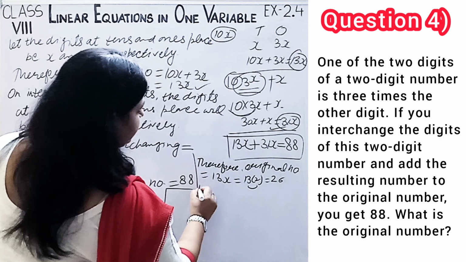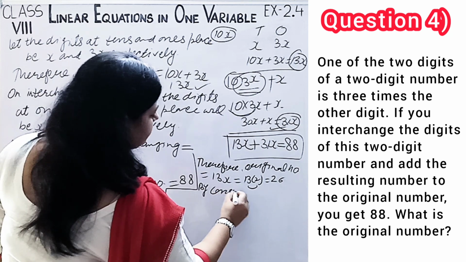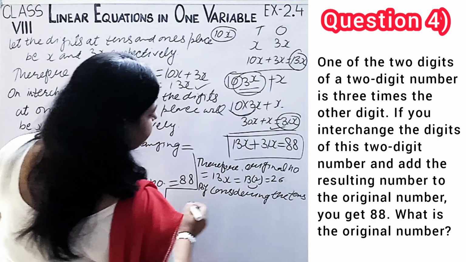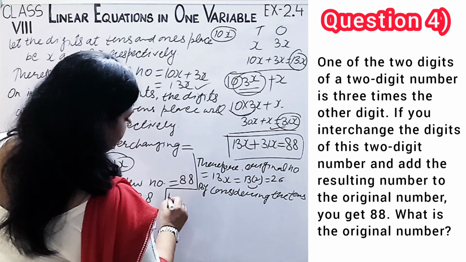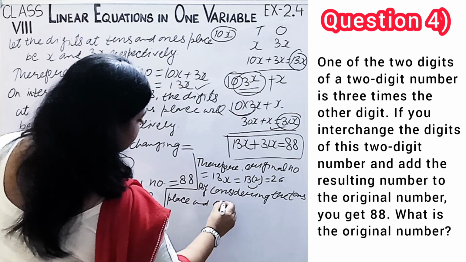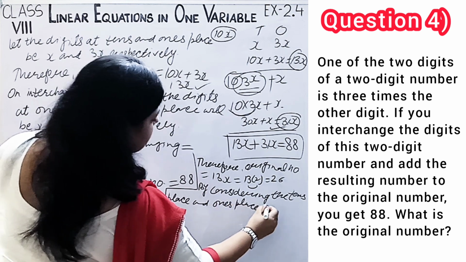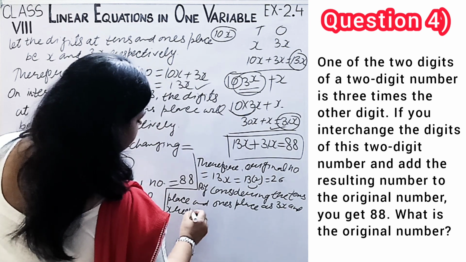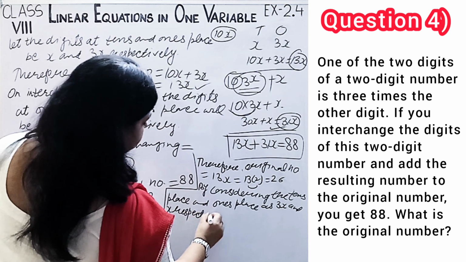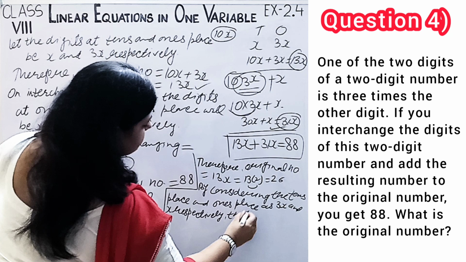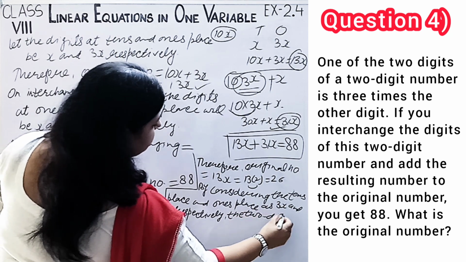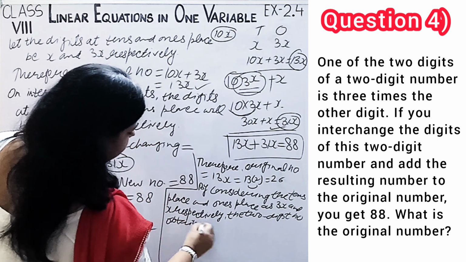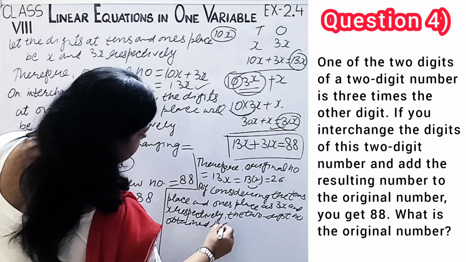So, the statement is, by considering the tens place and ones place as 3x and x respectively, now interchanging the digits place respectively, the 2-digit number obtained is 62.